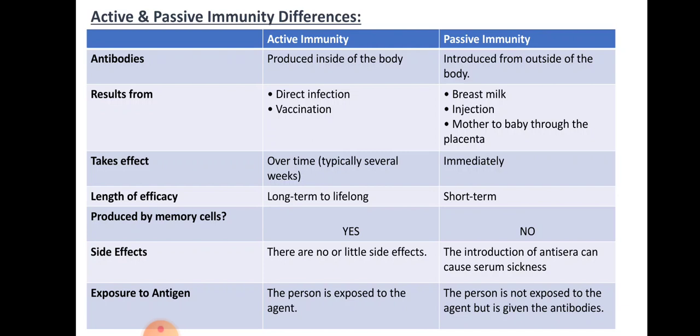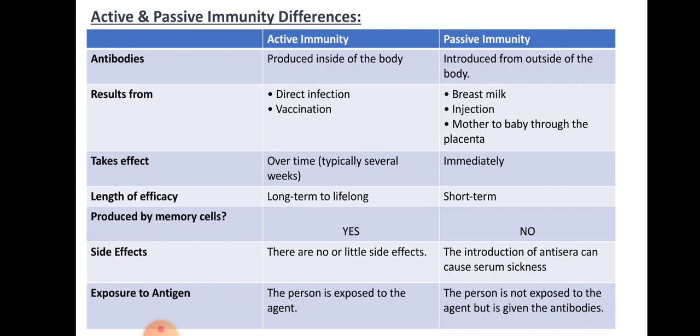Coming to the antibodies, in active immunity they are produced in one's own body. In passive immunity, they are introduced from outside of the body. In active immunity, the antibodies result from direct infection or vaccination. In passive immunity, we get the antibodies from breast milk, injection, or from mother to baby through the placenta.